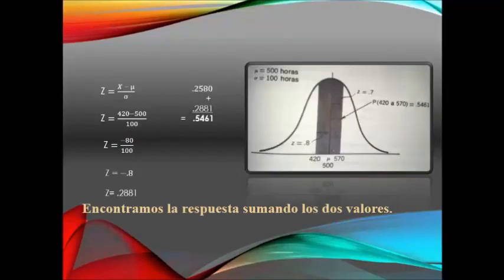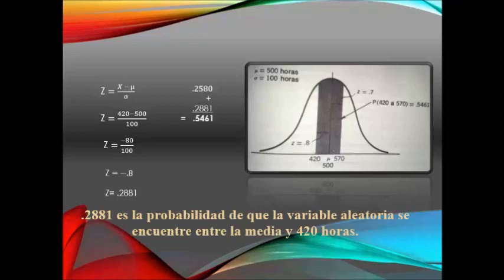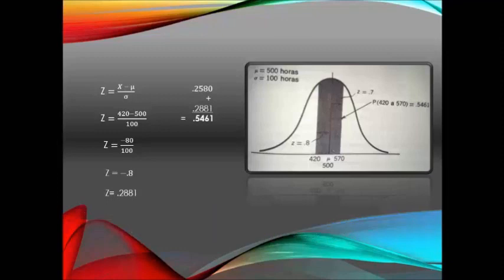We find the answer by adding the two values. So, 0.2580 is the probability that the random variable is between the average and 570 hours. 0.2881 is the probability that the random variable is between the average and 420 hours.